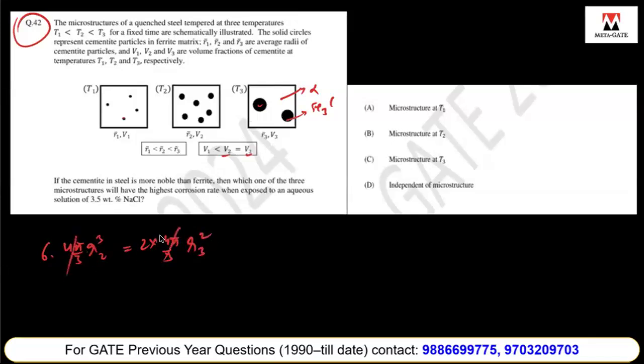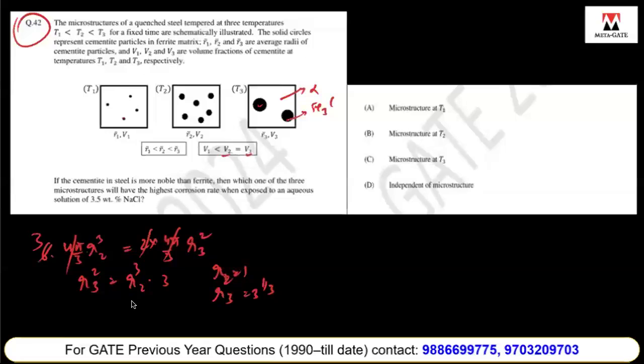So this gets cancelled. This is 3. So R3 cube is equal to R2 cube into 3. So let's take R2 as 1. So R3 is equal to 3 power 1 by 3, right?